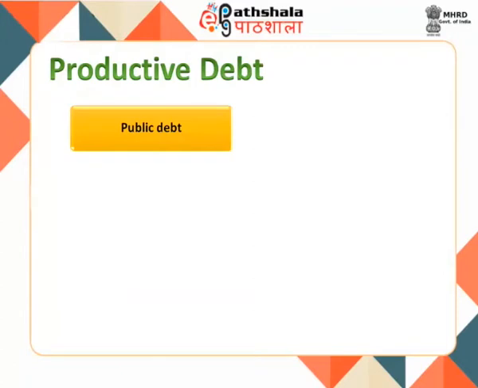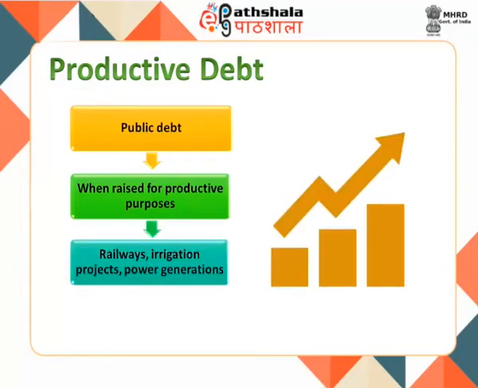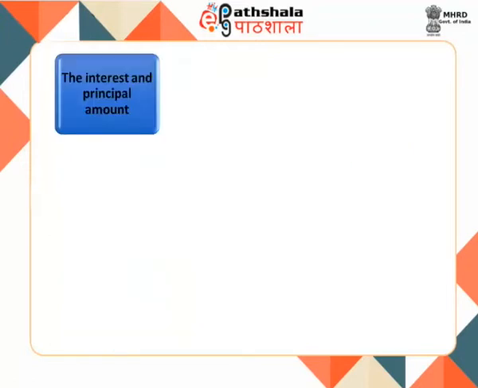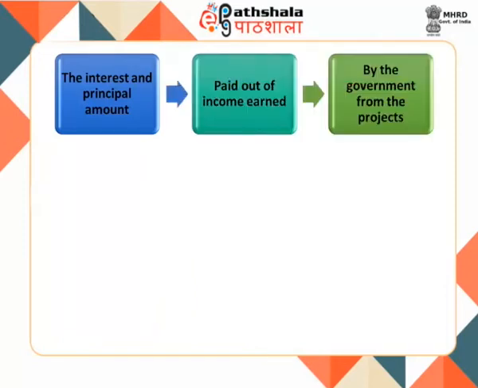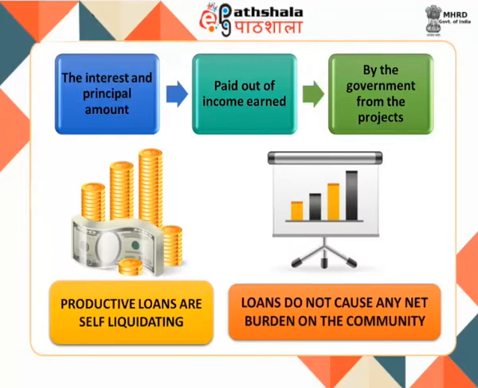Public debt is said to be productive when it is raised for productive purposes such as railways, irrigation projects, power generation, and is used to add to the productive capacity of the economy. The interest and principal amount is generally paid out of income earned by the government from these projects. As productive loans are self-liquidating, they should be repaid within the lifetime of the property. Such loans do not cause any net burden on the community.